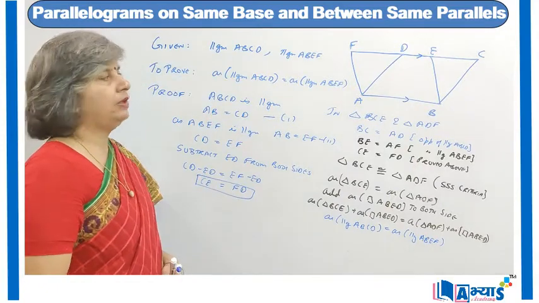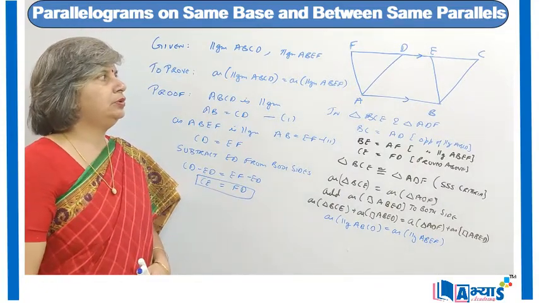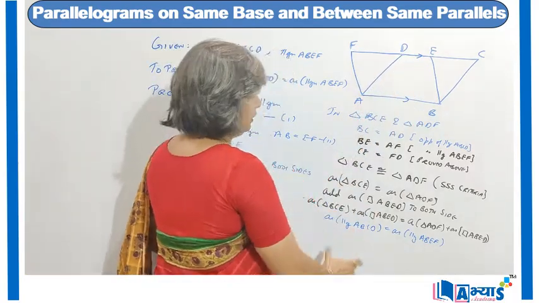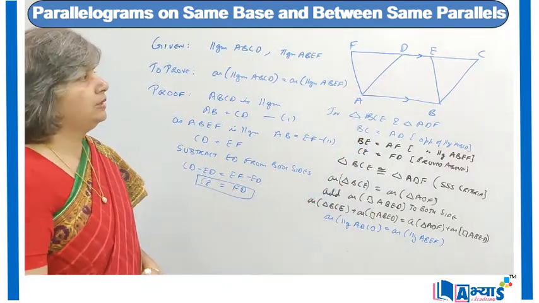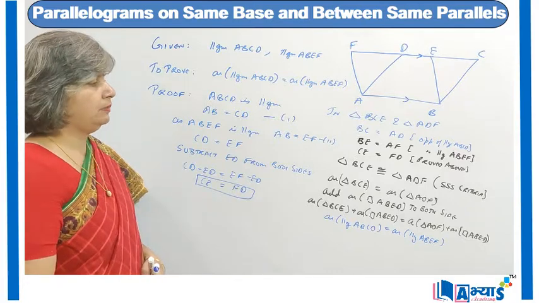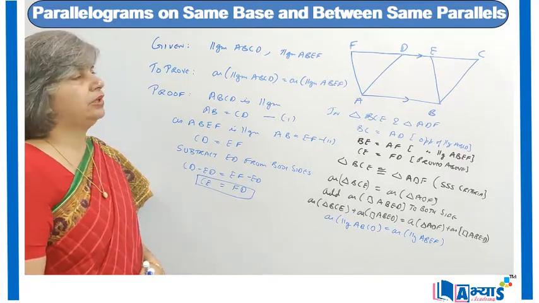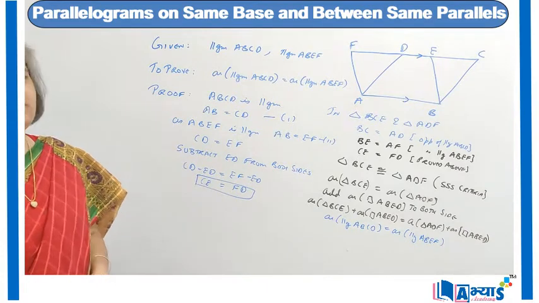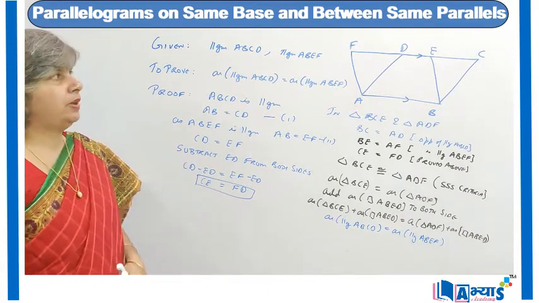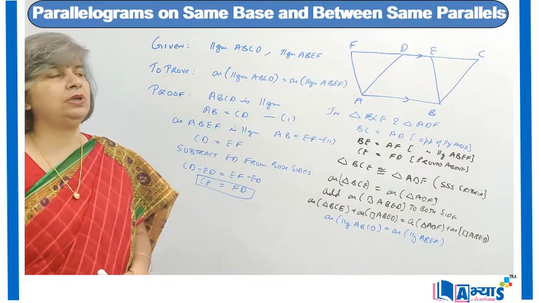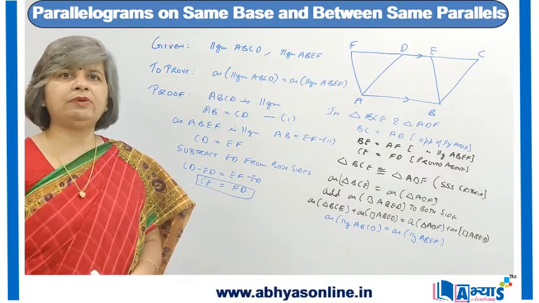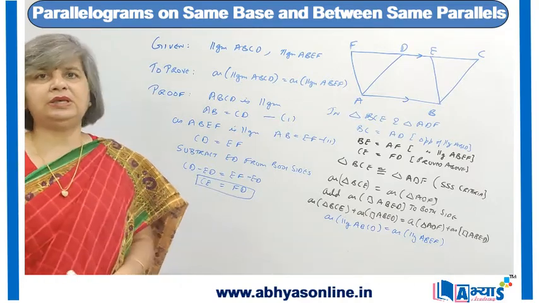And similarly, if we add the area ABED to ADF, we get ABEF. So we can say that the area of parallelogram ABCD is equal to the area of parallelogram ABEF. So this is how we can prove that if we have two parallelograms on the same base and they are between the same parallels, then the area will be equal. Moreover, if we have two parallelograms on equal bases and they are between the same parallels, even then the area is equal.